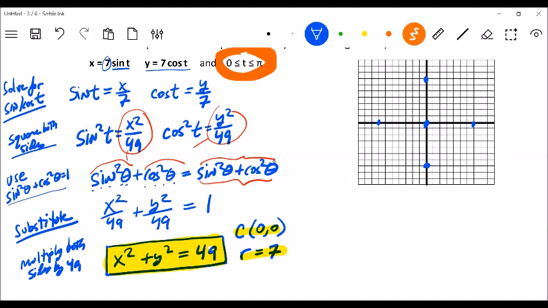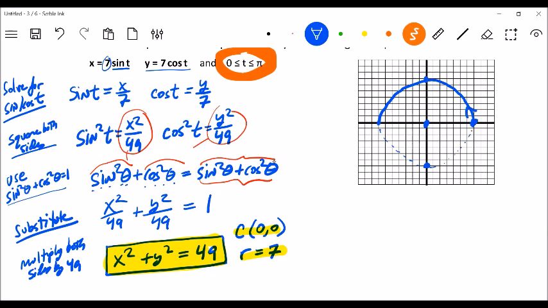And on the unit circle, for example, 0 to pi means going from here to here to here, but not going past it because that's where pi is. So if I had 2 pi or had no limitation, I could keep going, but I can't.